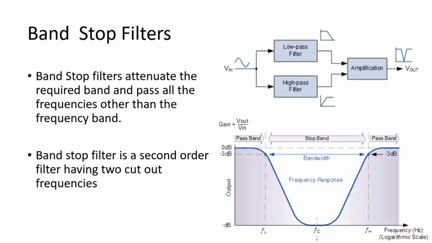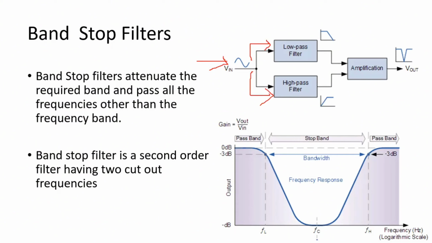The low pass filter only passes the low frequencies and attenuates the high frequencies, and the high pass filter attenuates the low frequencies and passes the high frequencies only. So if a signal with our required frequencies comes, these signals feed into these two sub blocks as well.